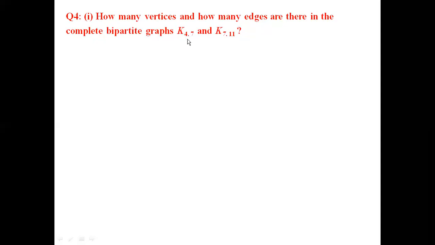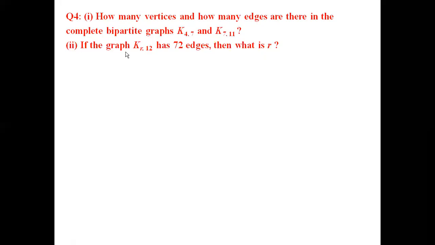So r and s values are given. r is nothing but the number of vertices in the vertex set V1 and s is nothing but the number of vertices in the vertex set V2. So the number of vertices are given for us. For K4,7 and K7,11, we have to find out how many vertices and how many edges exist in these two graphs. That's the first subpart of the question.